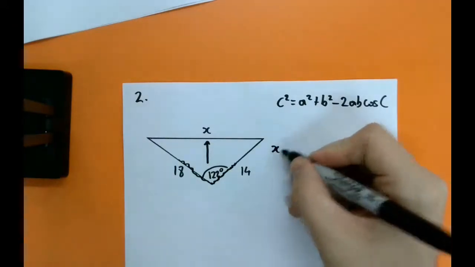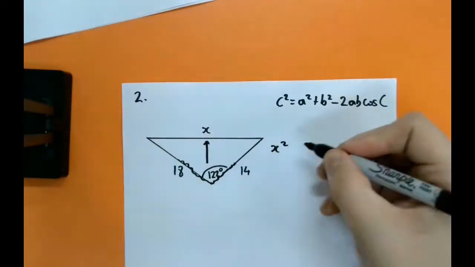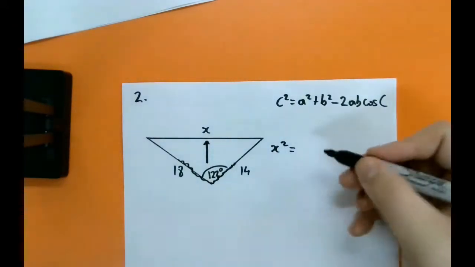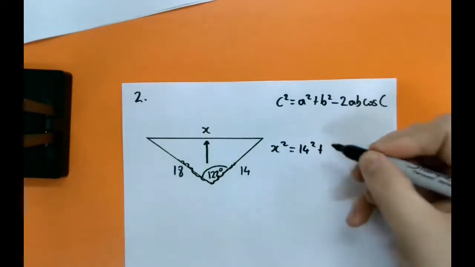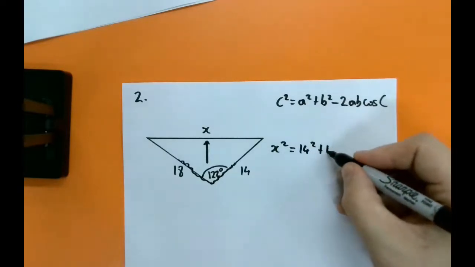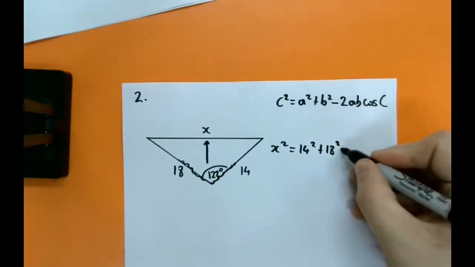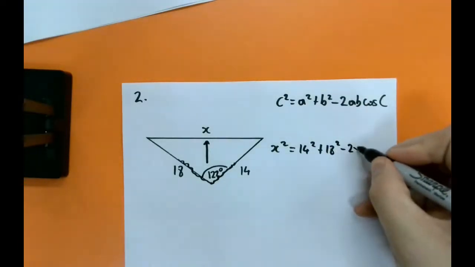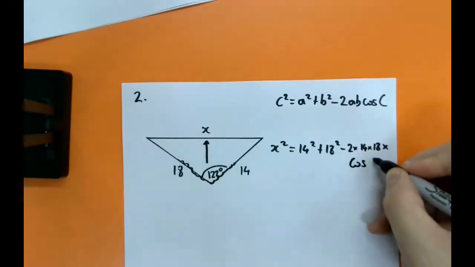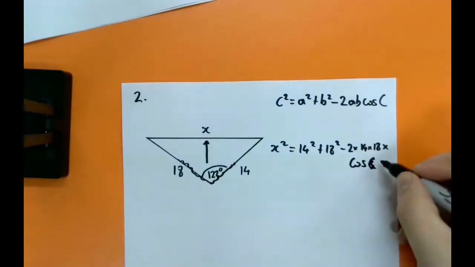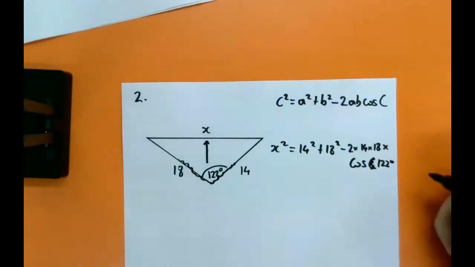So using our formula from up here, x squared is equal to 14 squared plus 18 squared, minus 2 times 14 times 18 times cos of our angle, which is 122 degrees.